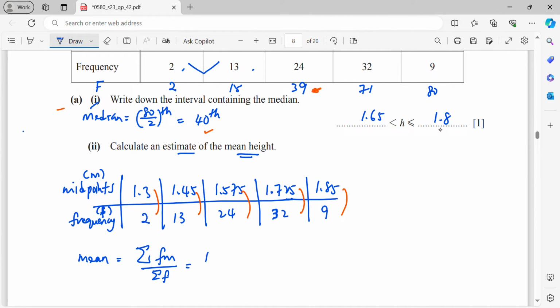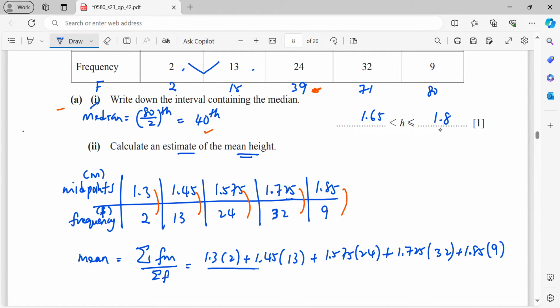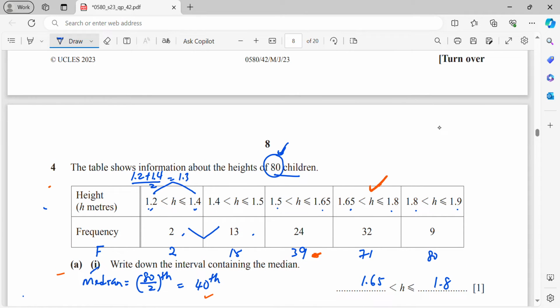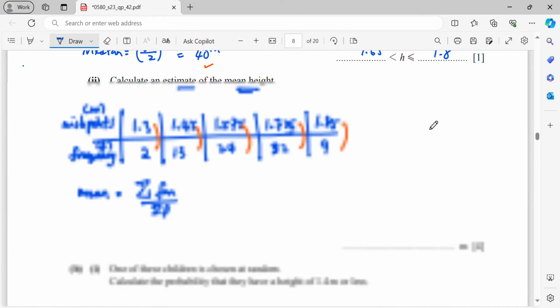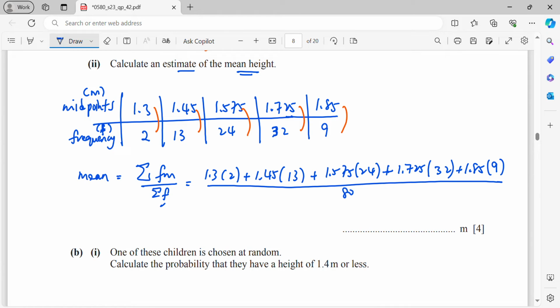I will get 1.3 times 2 plus 1.45 times 13 plus 1.575 times 24 plus 1.725 times 32, followed by 1.85 multiplied with 9, over total F, which is 80.